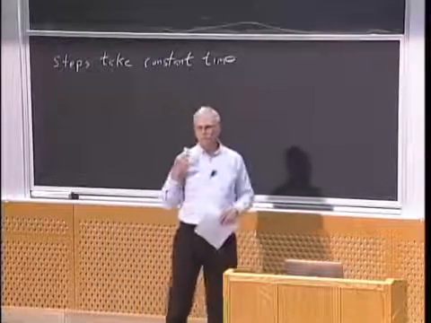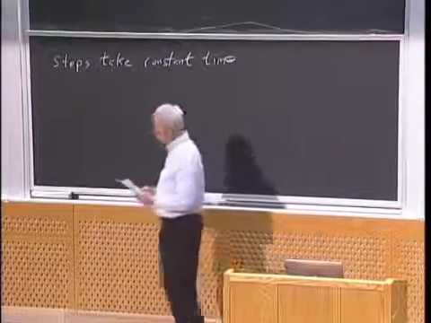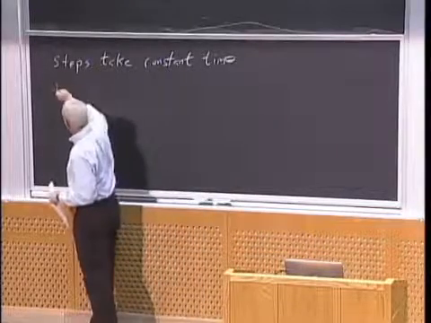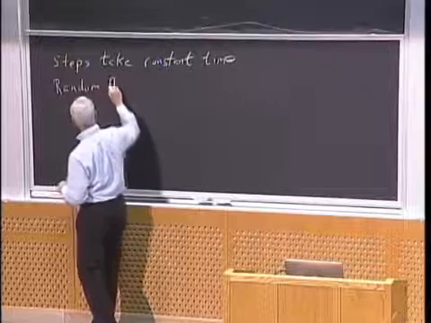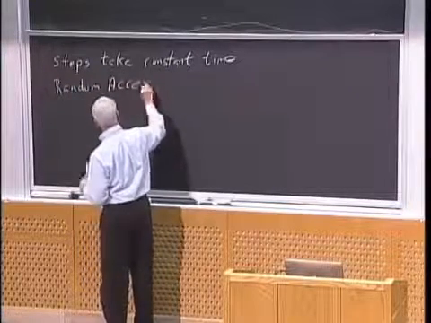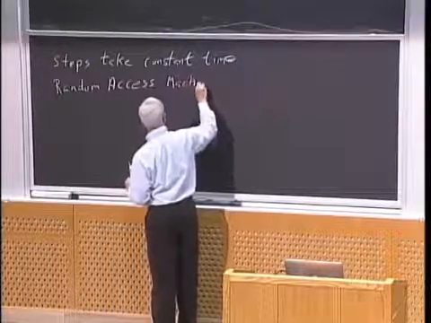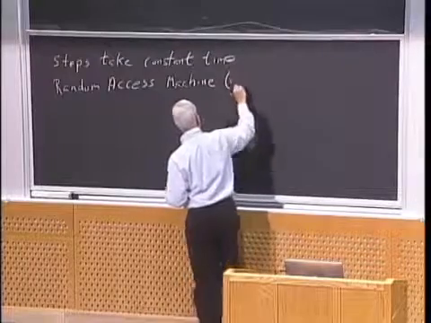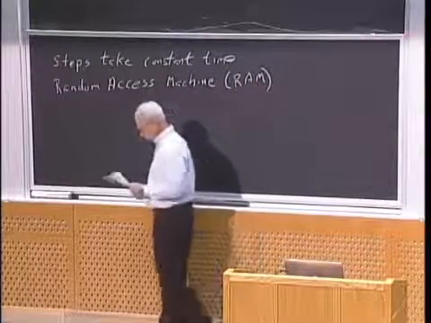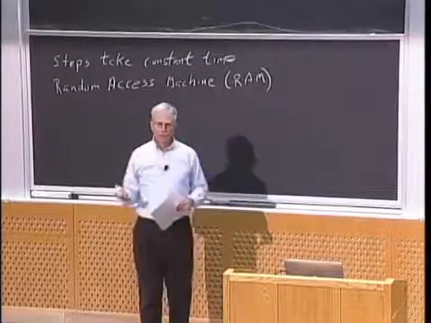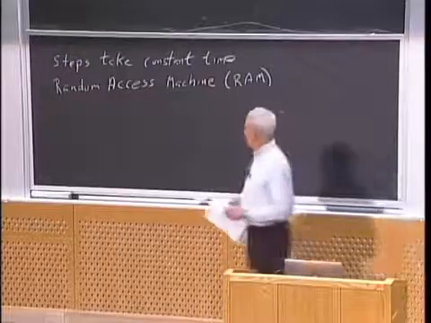In looking at computational complexity in this course, we're going to use a model of the computer that's known as random access. A random access machine, frequently abbreviated as RAM. In a random access machine, instructions are executed one after another.